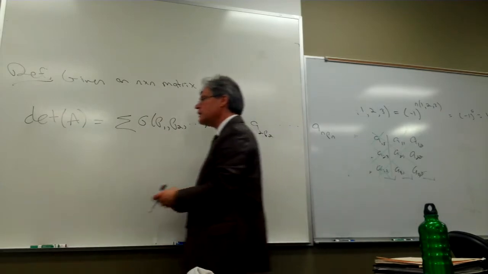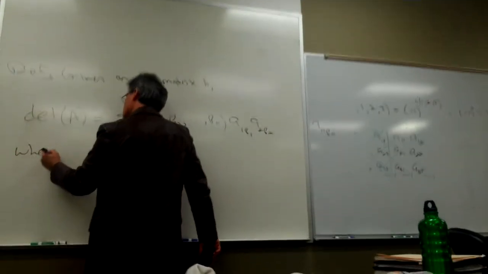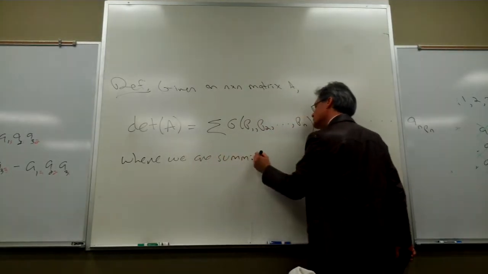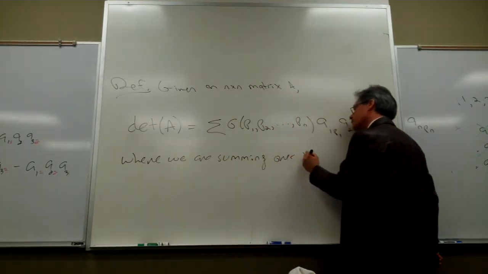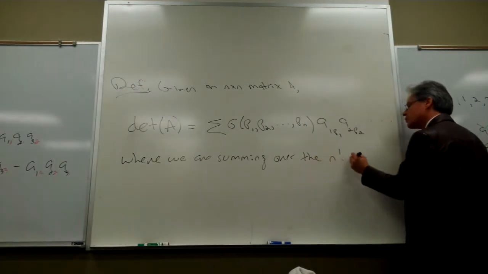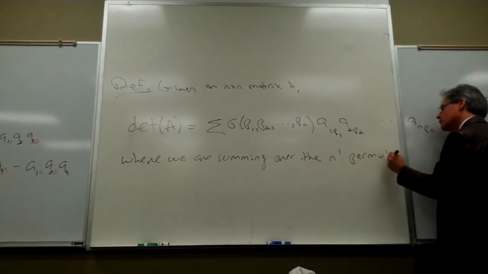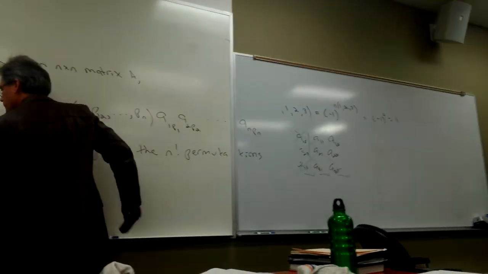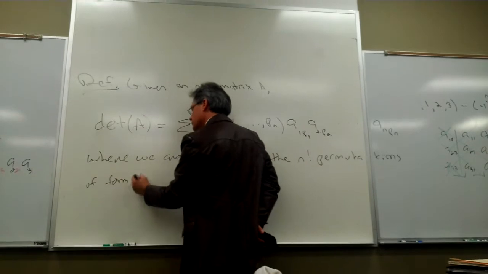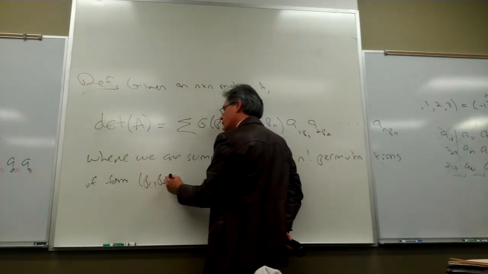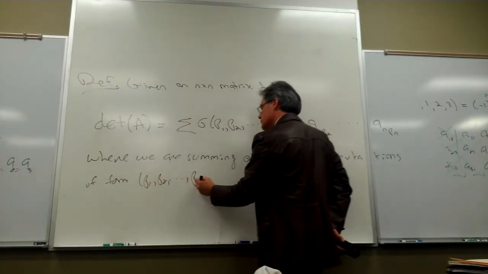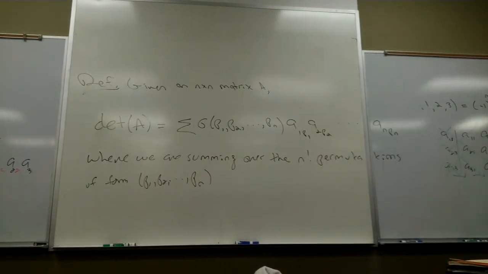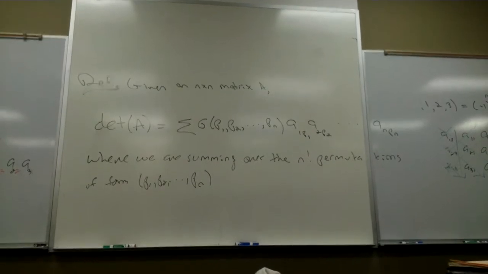Can I just say that we are summing over the n factorial permutations of the form P1, P2, all the way up to Pn. That is going to be my formal working definition of what a determinant really is.